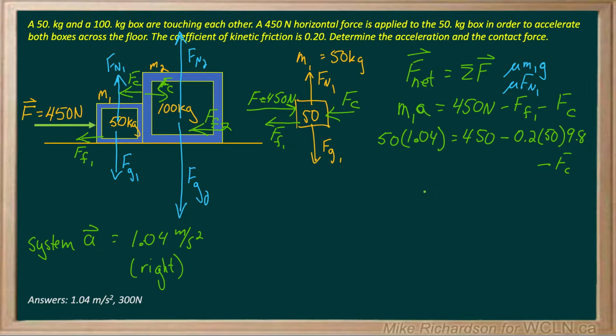So when I solve this for FC, and I'll let you guys do the algebra, it ends up looking like this. FC is equal to 450 minus mu mg minus ma, 50 times 1.04. And when you do that, you get an FC of 300 newtons.